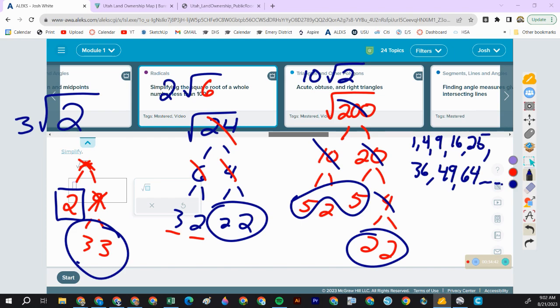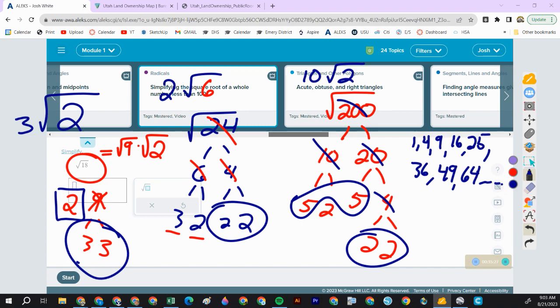So, how do we simplify square roots? We break the square root into a perfect square and then everything that's left. Is there a perfect square inside of 18? Do any of those numbers in this list go into 18? 9. And 18 is 9 times 2. So the square root of 18 is essentially just the square root of 9 times the square root of 2. Do you see it? Tristan?